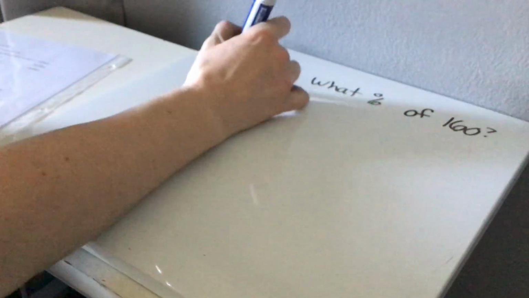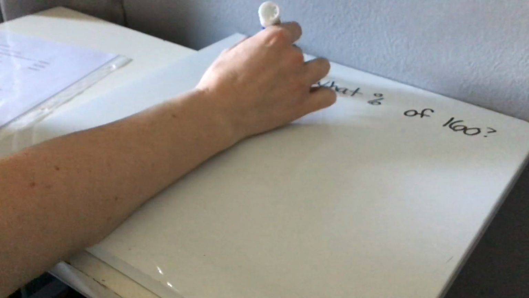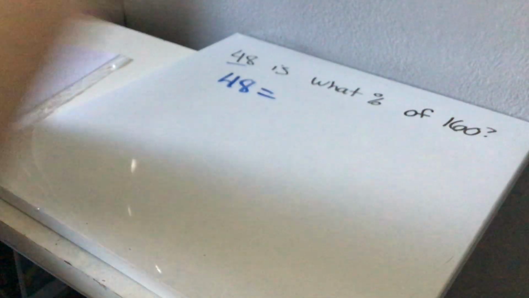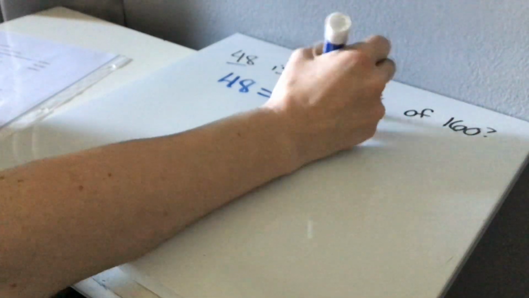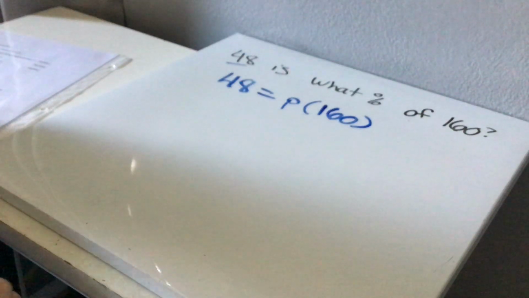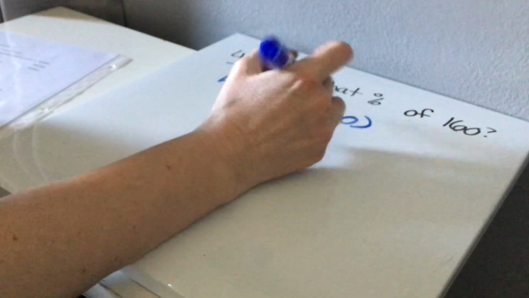Just translate this directly. So 48 is a number, is means equal, percent we don't know, of means to multiply, and then 160. So 48 equals P times 160. To get P by itself, we're going to divide by 160.